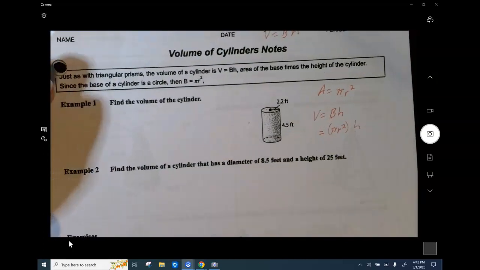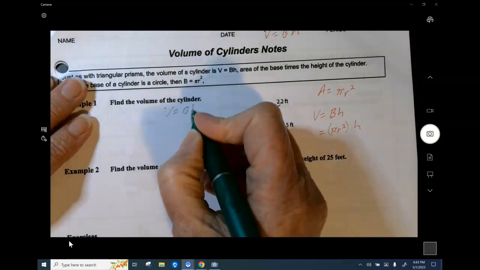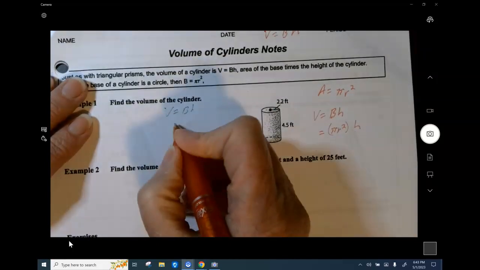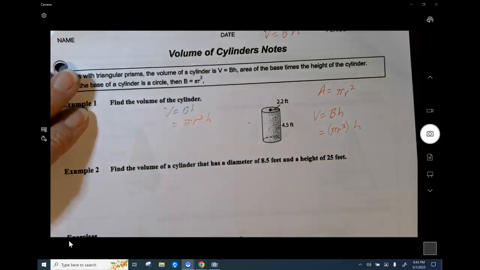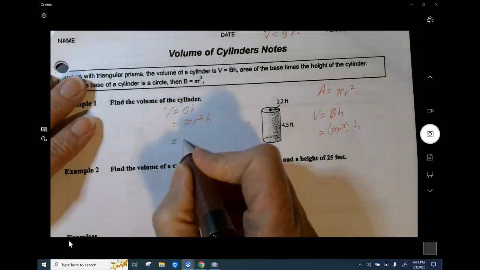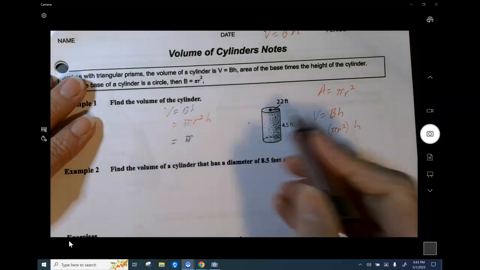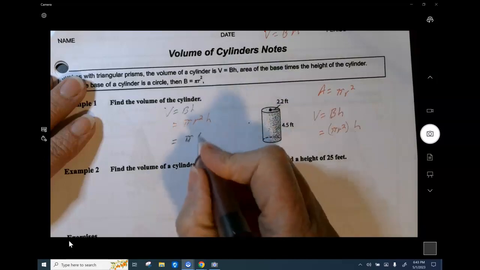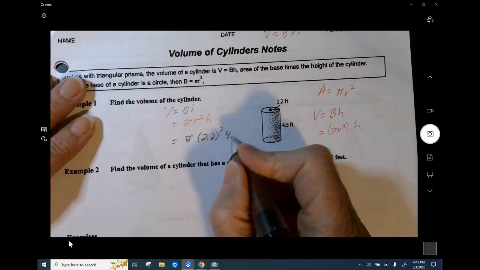Okay, so for instance, on this one right here, the volume, again, is area of the base times the height. So my base is going to be a circle, so it's pi r squared h. So we have pi. Now remember, we have to know the radius. So the radius, oh yay, they gave it to us, is 2.2 squared times a height of 4.5.